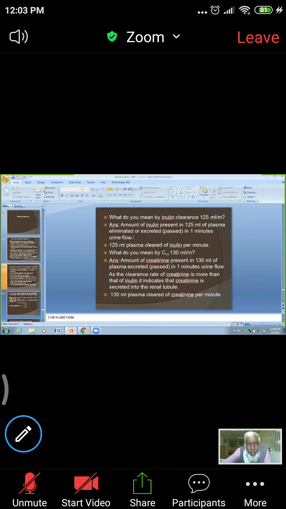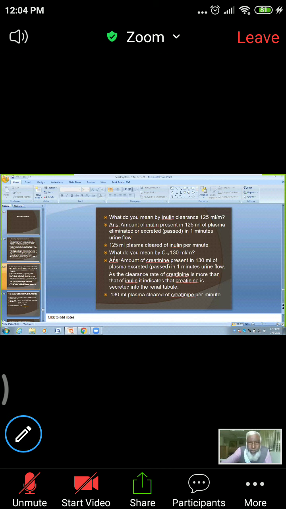Is it clear? 125 ml of plasma cleared of inulin per minute. It can be shortened to this. That means 125 ml of plasma cleared of inulin per minute, and that inulin is passed through the glomerular membrane.